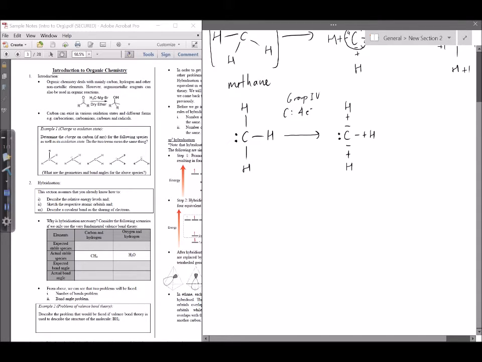So since carbon has 4 electrons, we count it here. It actually has 5, so the additional electron must have come from somewhere else, right? So if this is the case, what we'll do is we'll keep 1 electron, which is from carbon originally, plus another electron which is from somewhere else. We write it as negative.